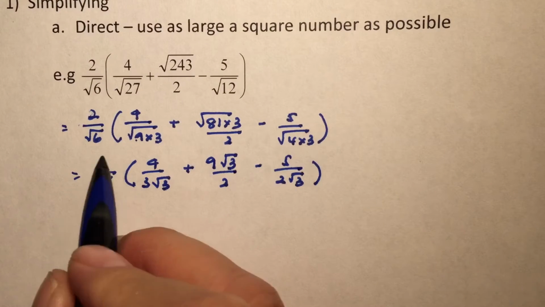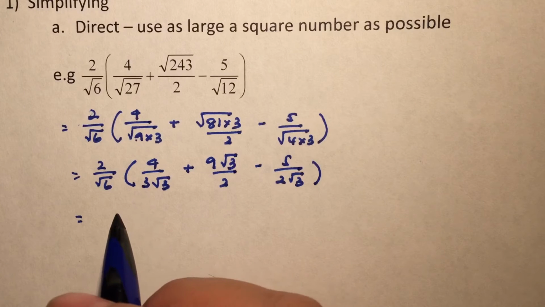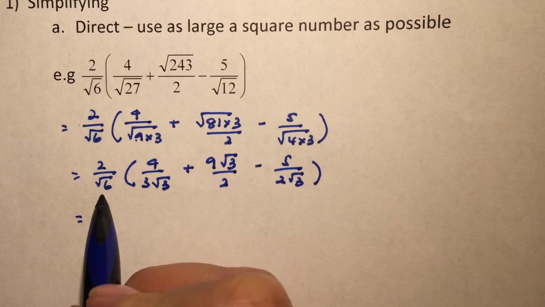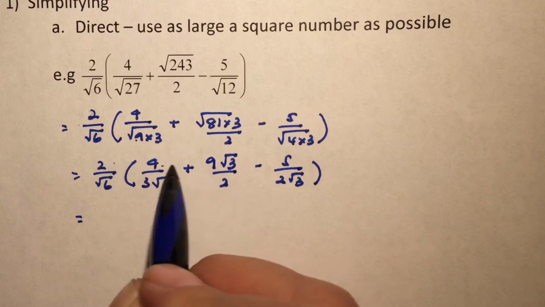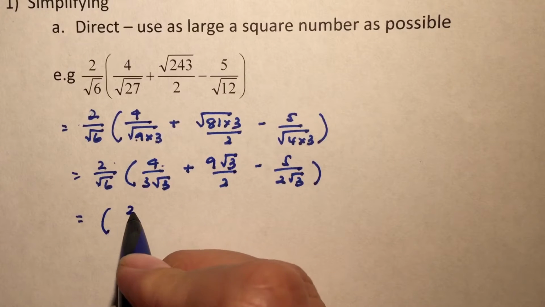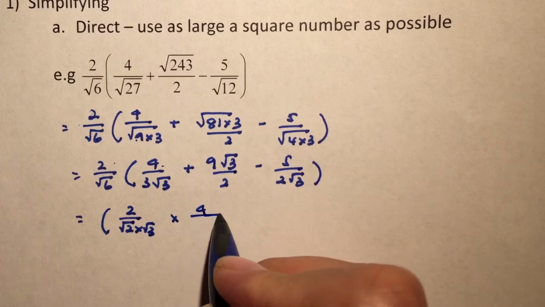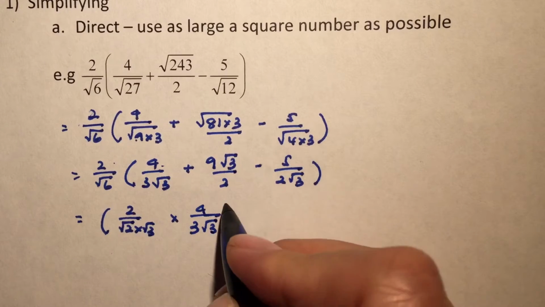Now we have a 2 over surd 6 here, so what we can do is expand this, and for surd 6 we can say that this is the same as square root 2 times square root 3. I'm going to expand all three terms. So this is what we'll have: 2 over square root 2 times square root 3 times 4 over 3 square root 3. So this is the first multiplication.